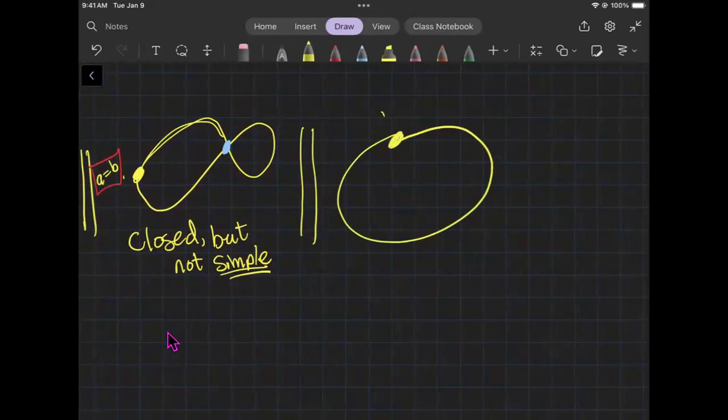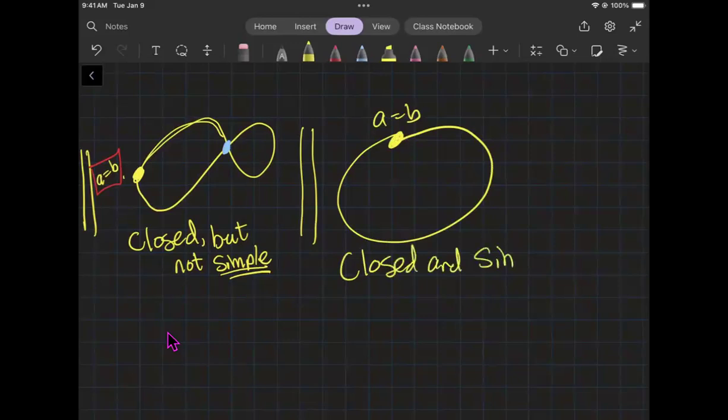That looks like a circle or an ellipse in this case. This is a closed and simple curve. Simple, there are no intersections besides the point where A equals B. In that case, we're dealing with a closed curve.